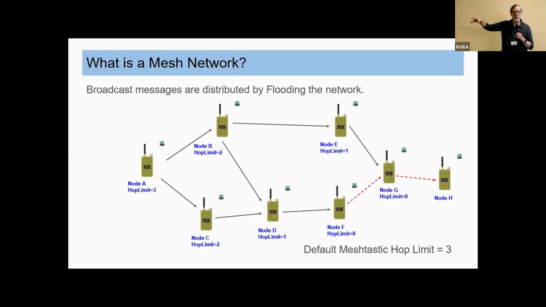So node A will find out from B and C both that, okay, I guess my message got out, but it doesn't find out if node E or node F or node G received the message. It just floats out there.